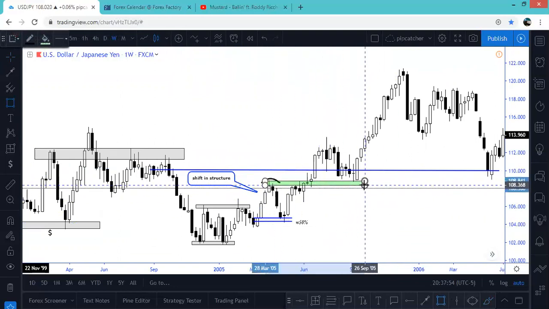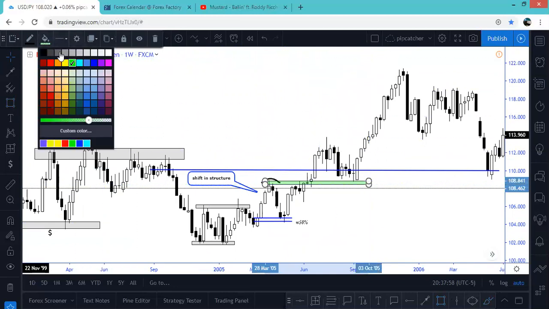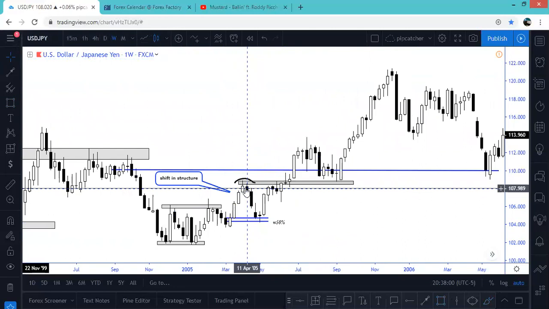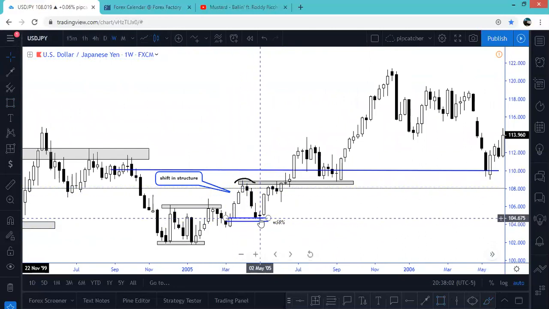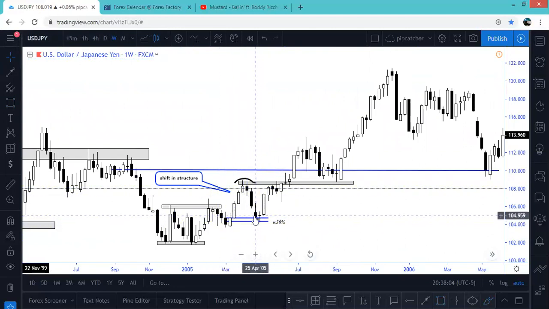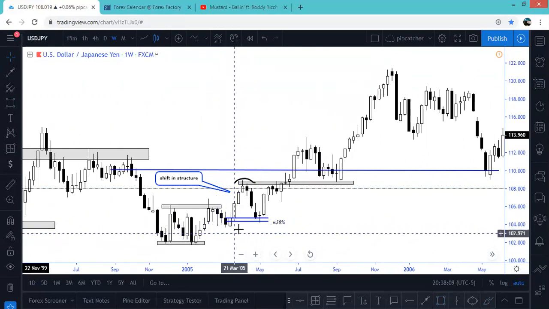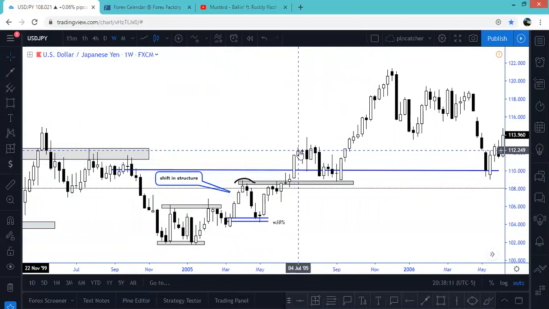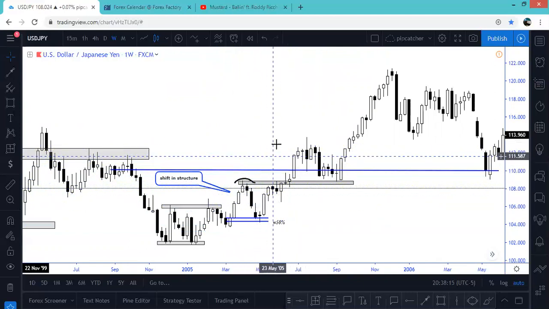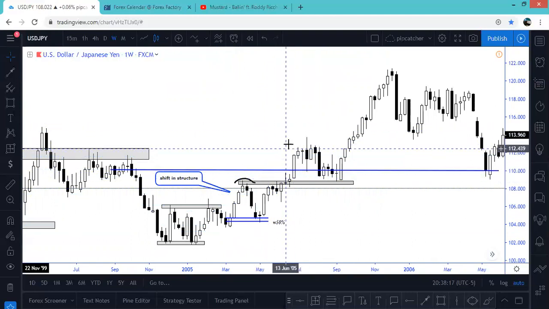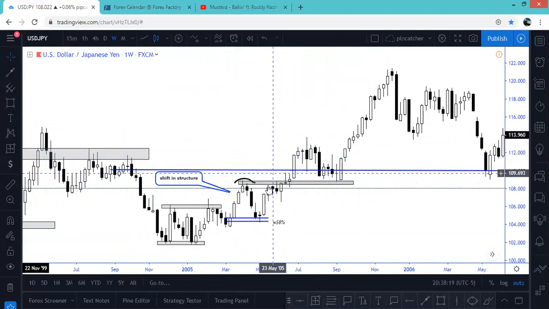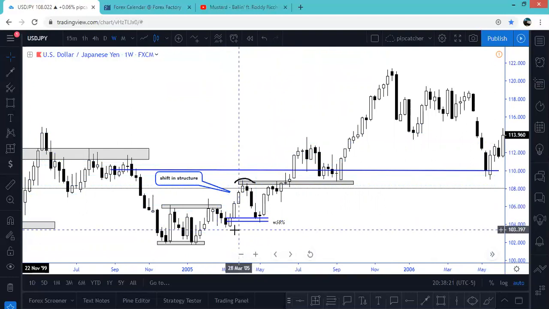Look. Basically, a mitigation scenario right here. We get this swing low that did not go through the stops, but we broke the most recent swing high, with no stop losses violated.